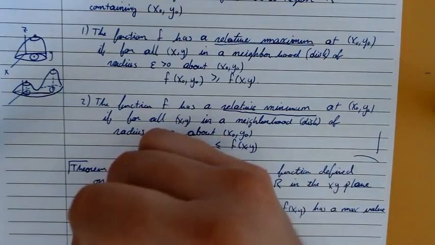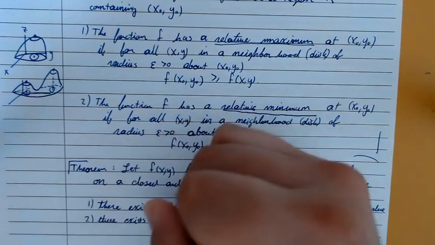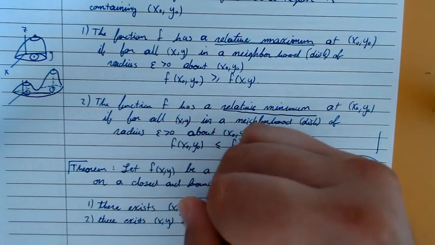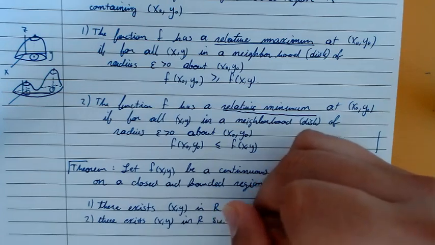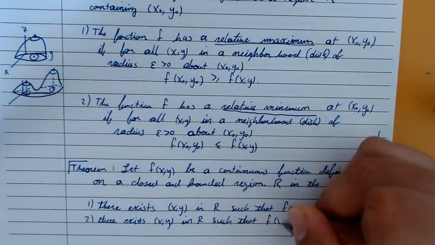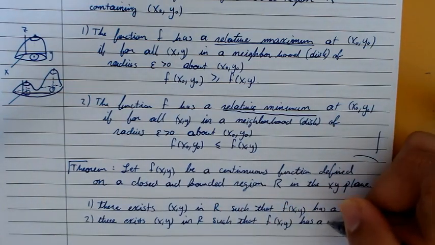And two, there exists some x comma y in the region R such that f of x comma y has a minimum value.